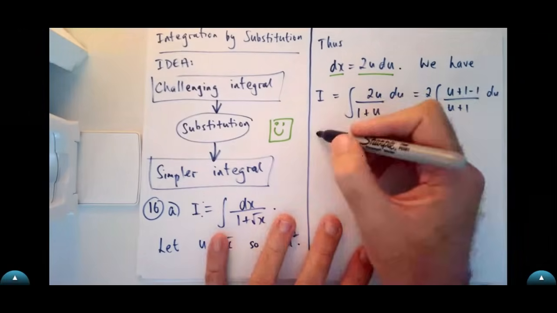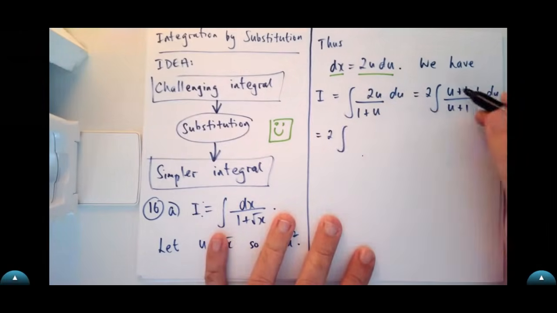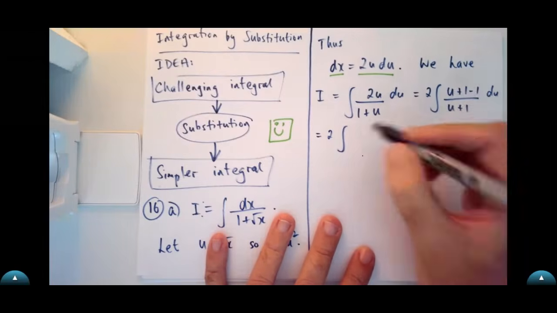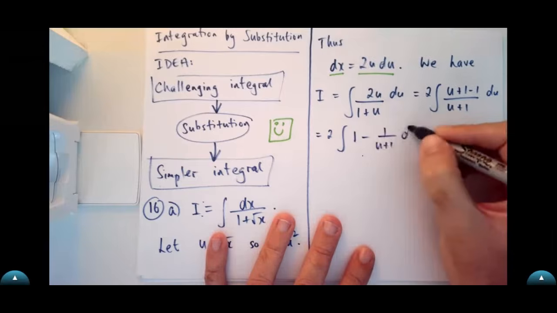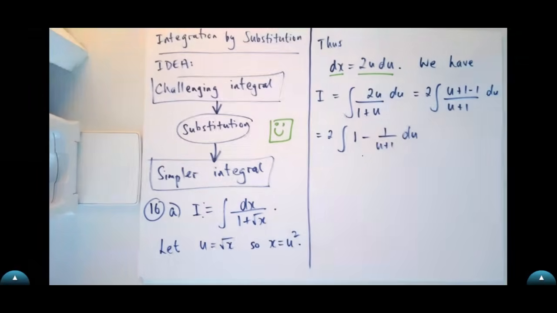Then you can break that up into u plus 1 on u plus 1 minus 1 on u plus 1. That's a really sneaky but fun trick. Sometimes it can help you avoid things like partial fractions and other things that you don't necessarily need to worry about.